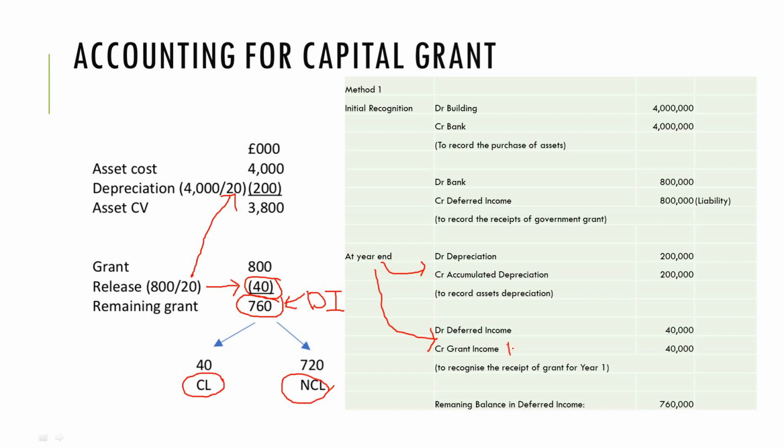So this credit grant income here will be included in your P&L, and this one will reduce your deferred income that you write in your balance sheet. So at the end of the year, you will have a remaining balance of 760,000, and this 760,000 needs to be classified into current liability and non-current liability. So this is how we account for the capital grant by using the first method, the deferred income method.